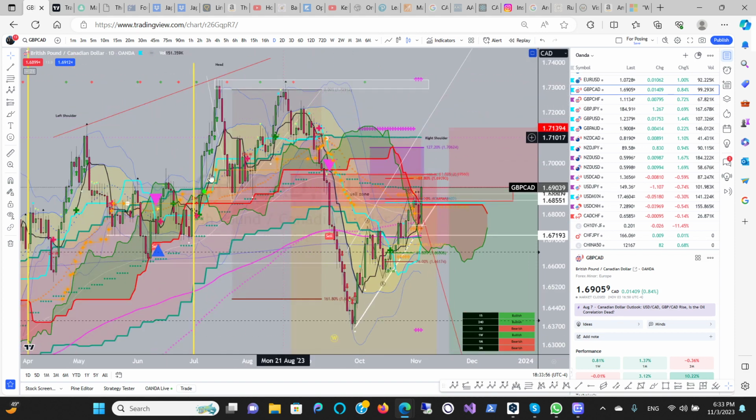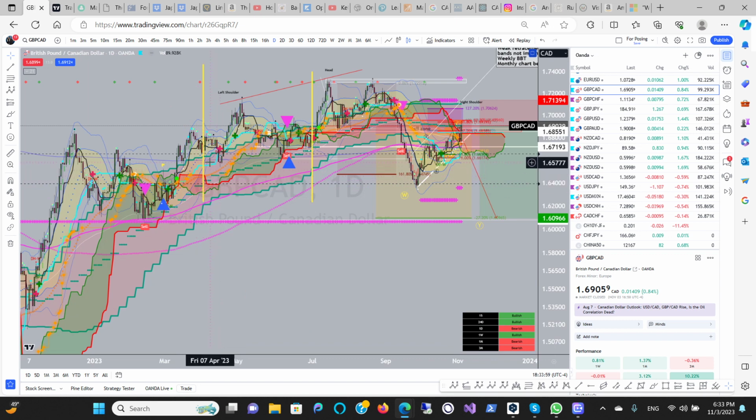So that's about it. We had this quarterly. I should have marked it. The quarterly level was from this low to this high, and then it broke above it, right?